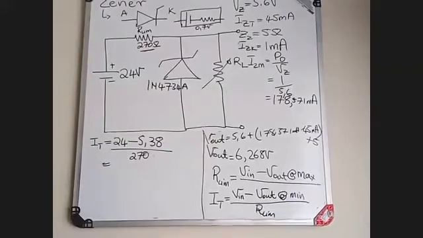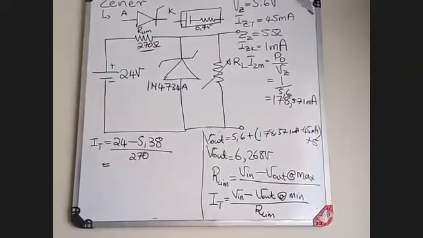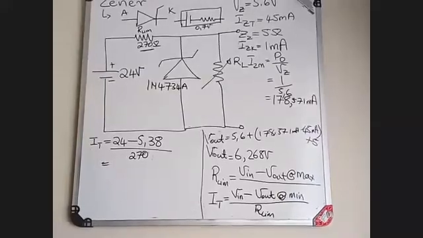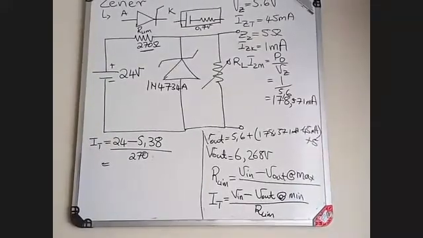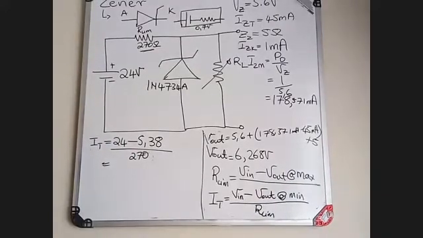Which means it is going to be 24 minus 5.38 divided by 270.